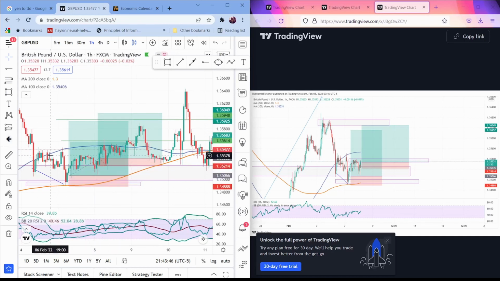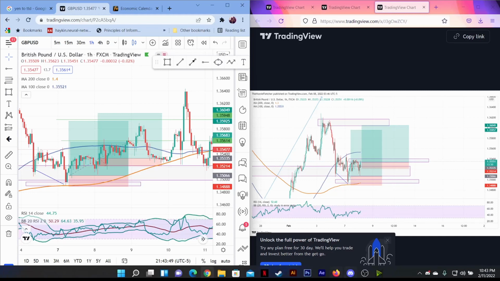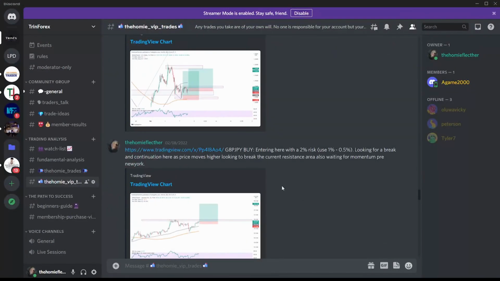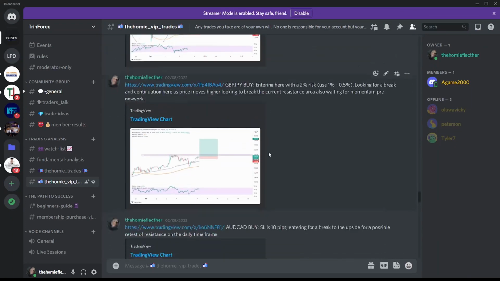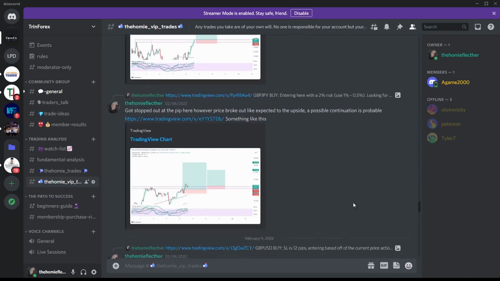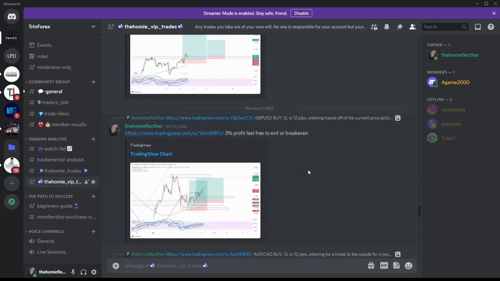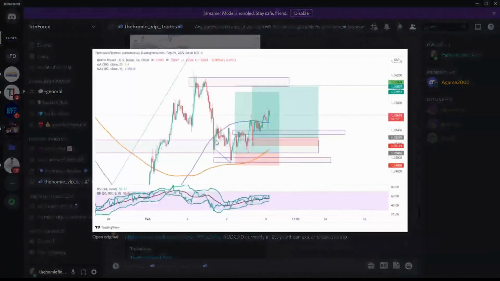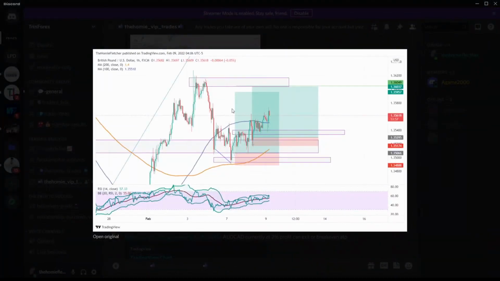So we broke even at this point. I think I did say to do that as well within Discord. We did do a GBP/JPY buy. I'm looking to see if I said to break even. Oh yeah, 3% profit, feel free to exit or break even. Right around that area where price retested, I didn't get stopped out all the way, but price continued up even higher.